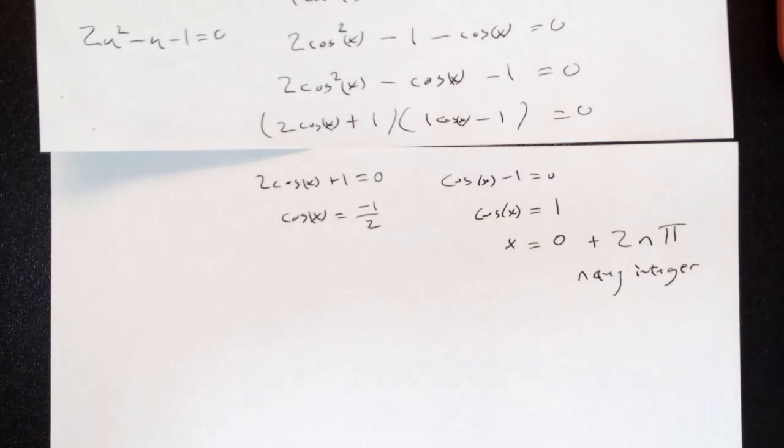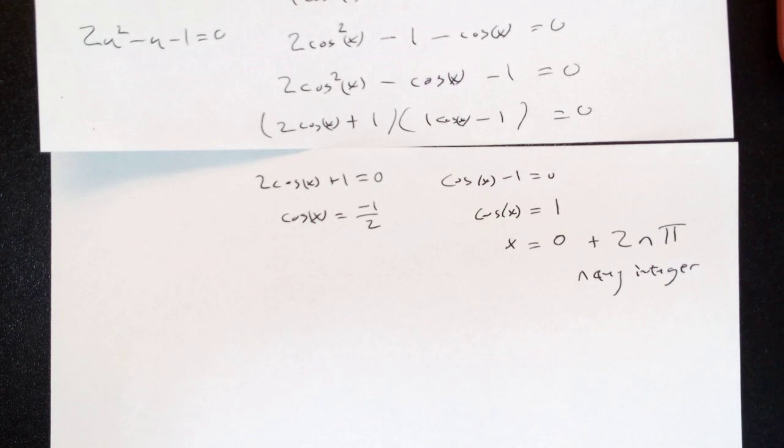1/2. Cosine starts here and goes down. 0/2, 1/2. Which angle is that? I don't like degrees. Degrees are evil. I want radians. That's pi/3, 60 degrees. But I'm in the second quadrant. That's 2 pi/3, 120 degrees.